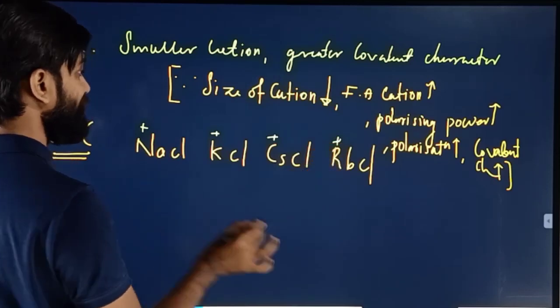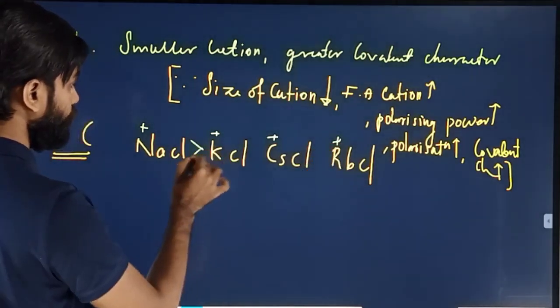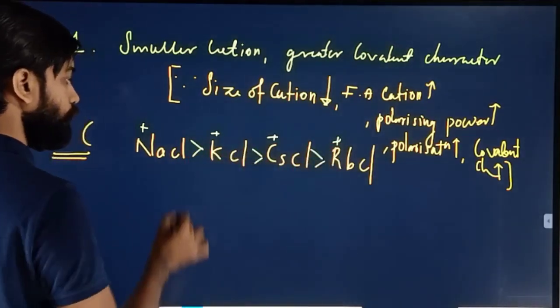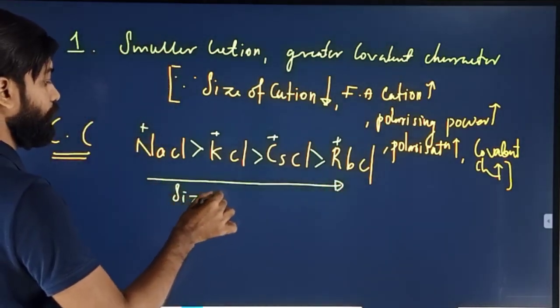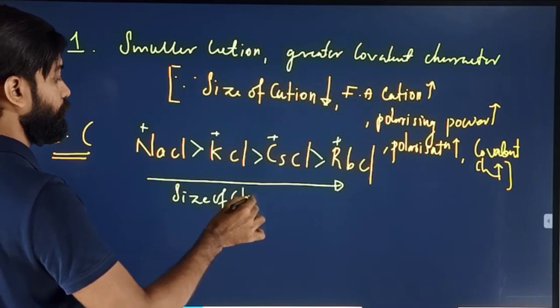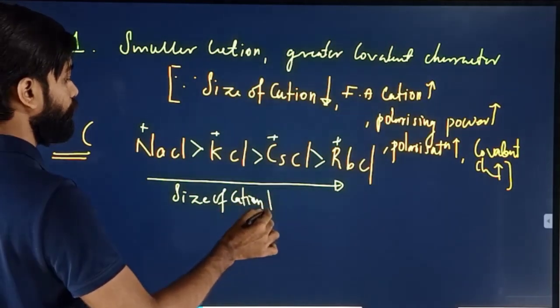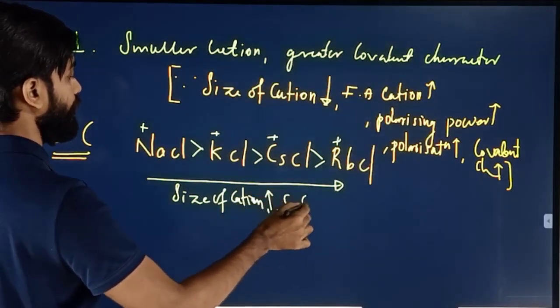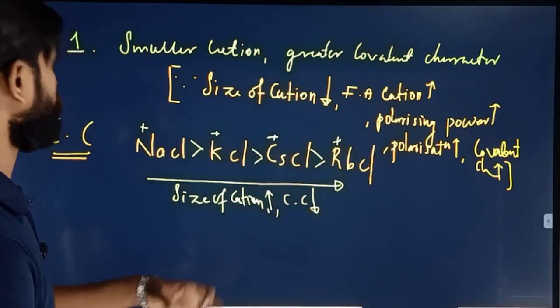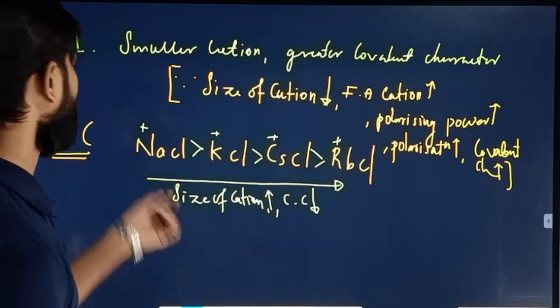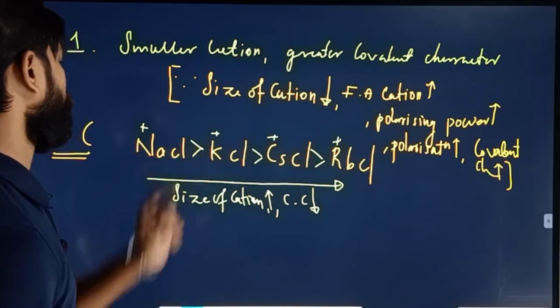The difference is the size of the cation. From left to right, size of cation increases, covalent character decreases. So smaller the cation, greater will be the covalent character.